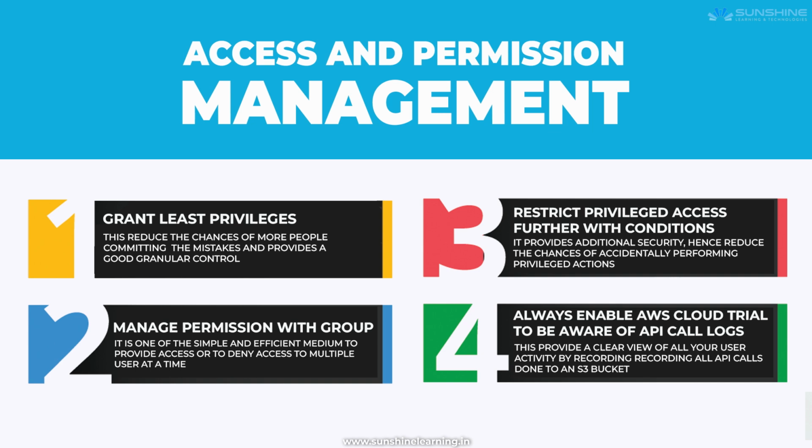You should not do that. Whatever type of permissions you want to grant to that user, try to assign that policy itself. Restrict privileged access further with conditions. It provides additional security, hence reducing the chance of accidentally performing privileged actions as well.